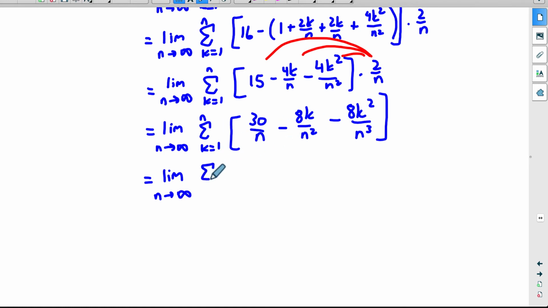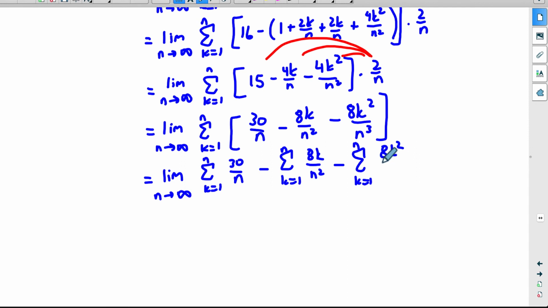So you're going to write the sigma sign exactly the same and just apply it to the first one, minus the same sigma notation with the second one, and then the same sigma notation with the third one. And then you'll need to put all this in brackets to show that the limit refers to all of this. Okay, ridiculous how many steps this is, right?